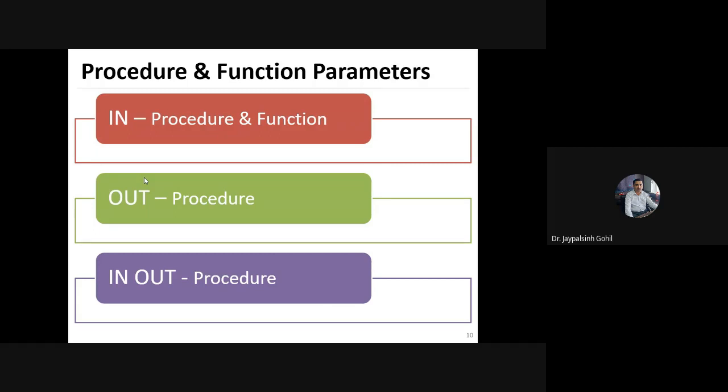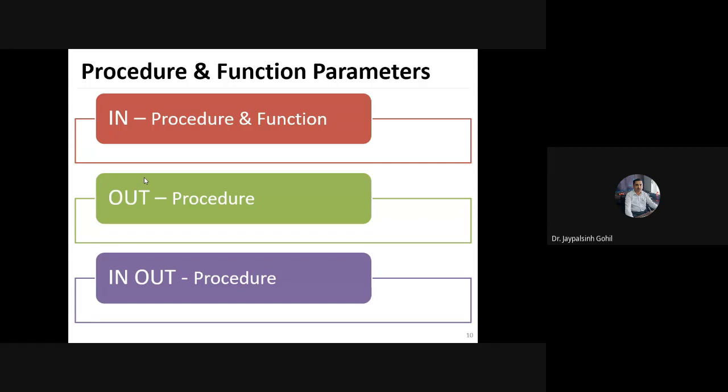Now, when any programmer or coder deals with stored procedures and functions, they have to deal with certain parameters. Parameters can be in mode, out mode, or one parameter can act in both modes, in mode as well as out mode. In mode is permitted in procedures and functions. Since functions return a single value, we will not have any out mode or in out variable; instead, functions will have only in mode variables.